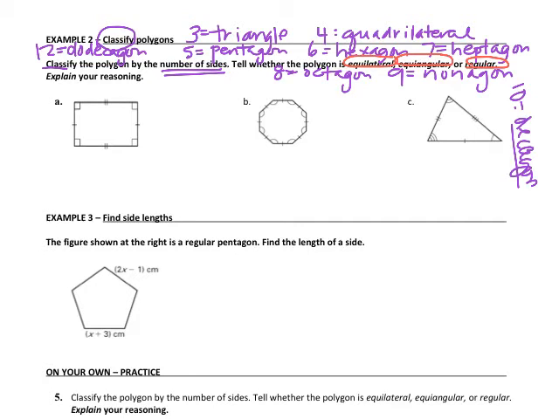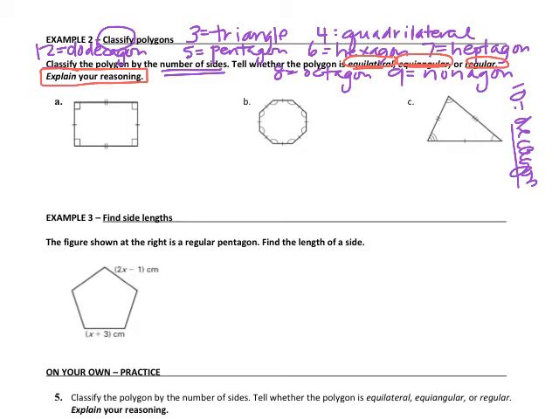Regular means that the polygon is both equilateral and equiangular. It also asks us to explain our reasoning, and that's important because in geometry we're going to be doing a lot of explaining. We're just introducing it in a few lessons here and there, but as we move forward in the class, we're going to be doing a lot more explaining in a lot more of our problems.